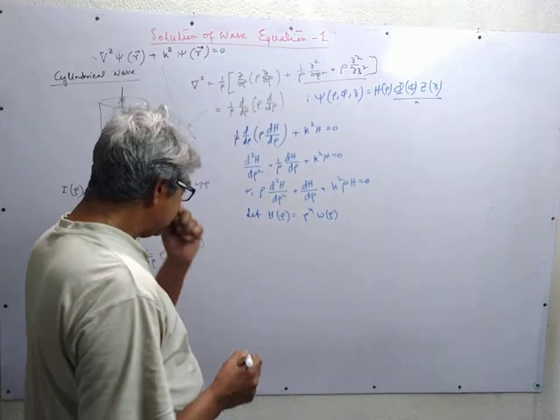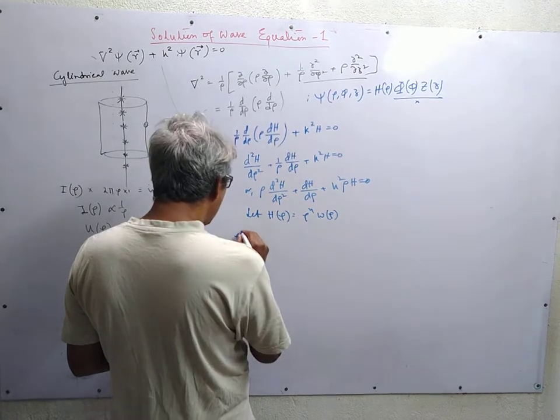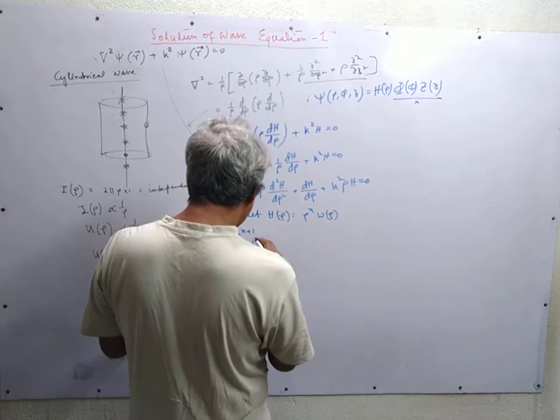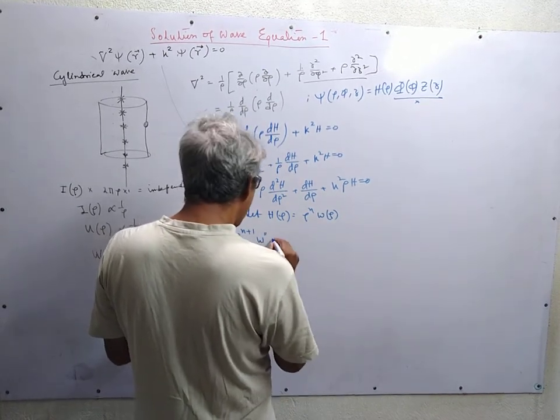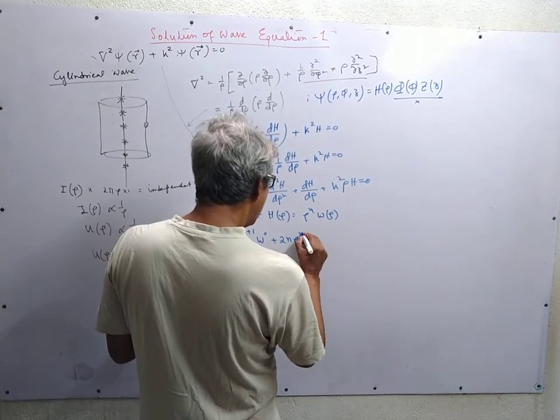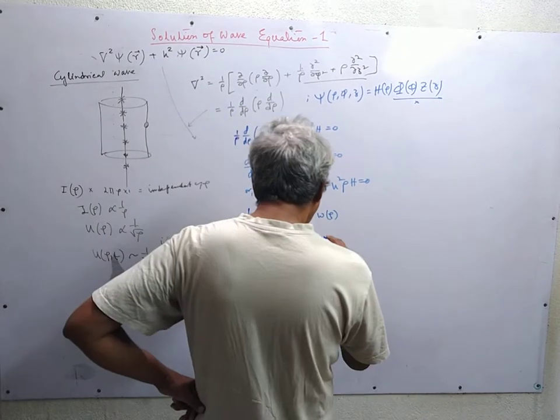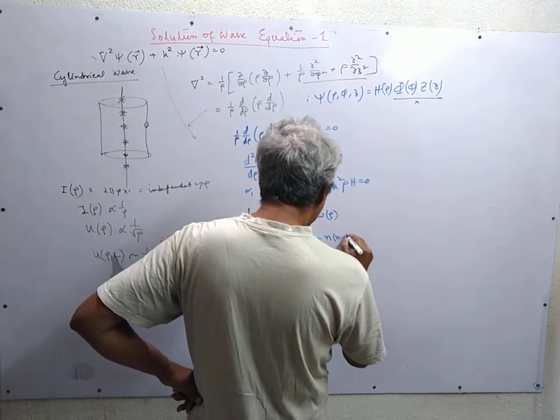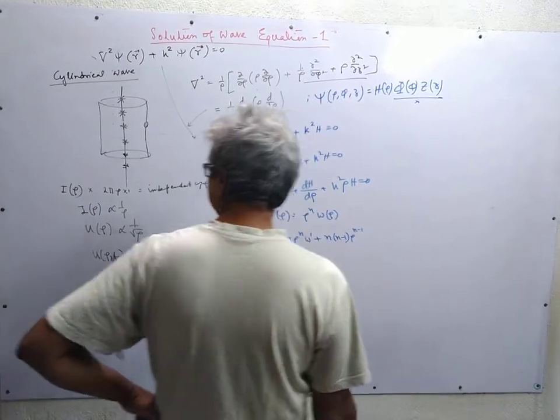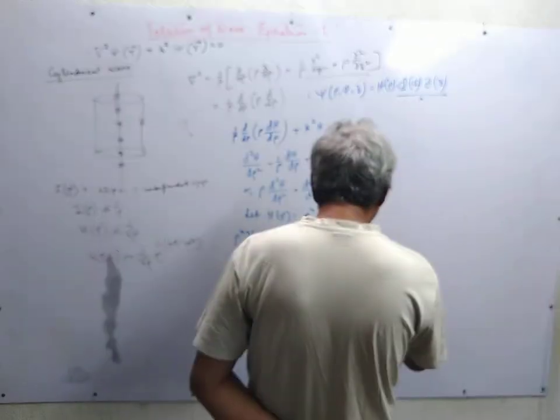If we substitute, from the first term we get rho to the power n plus 1 w double prime, plus twice n rho to the power n w prime, plus n into n minus 1 rho to the power n minus 1 w.